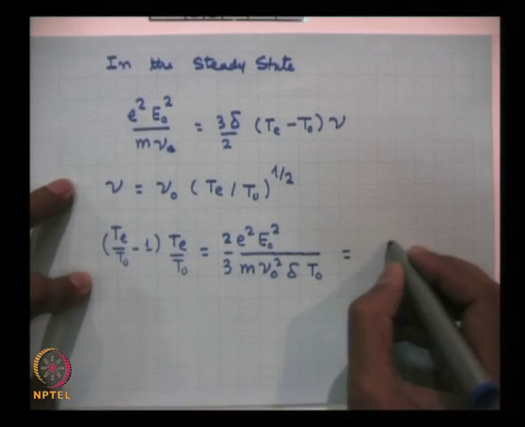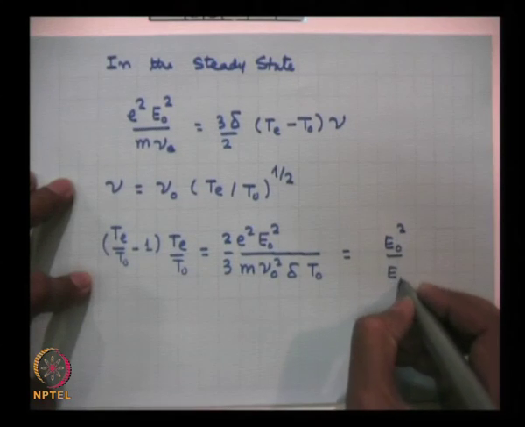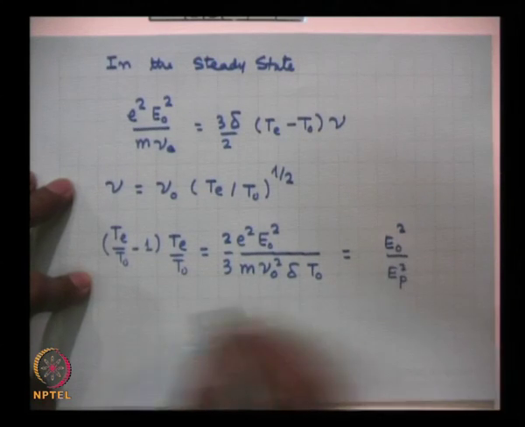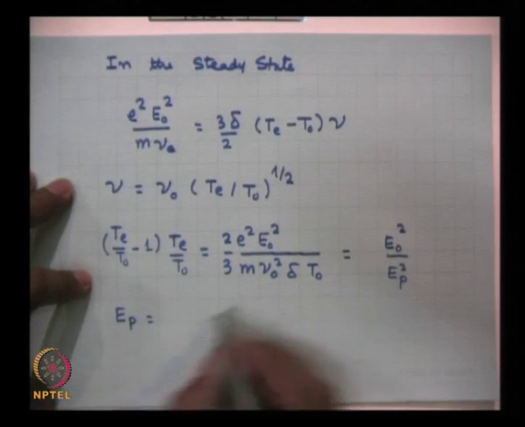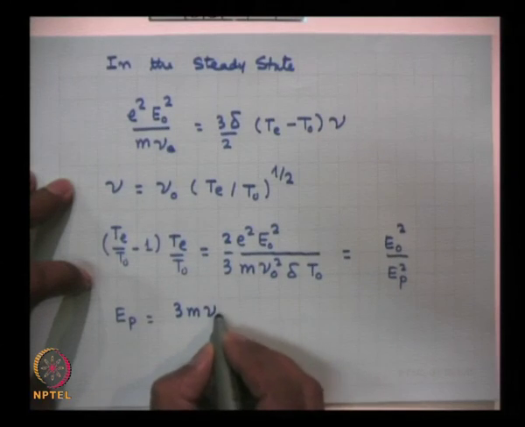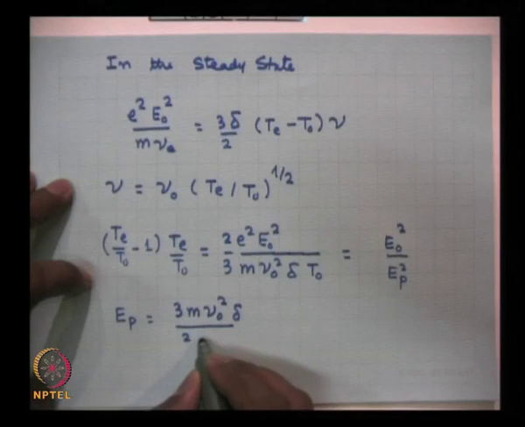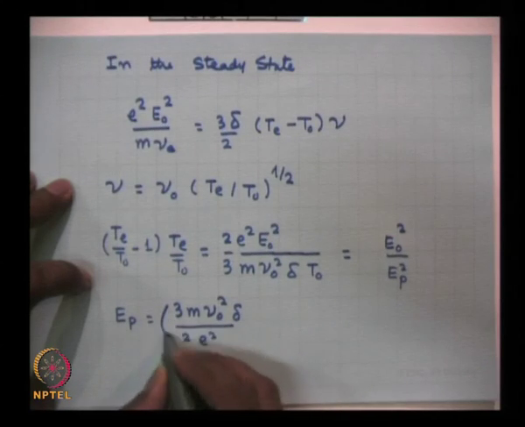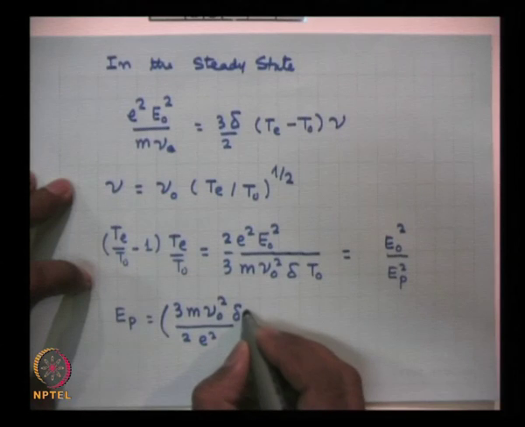So, I call this E0 square upon EP square, where EP I am defining as this quantity, under root 3 m nu 0 square delta upon 2 E square, into T0 also is there. So, T0, let me write this T0 there.